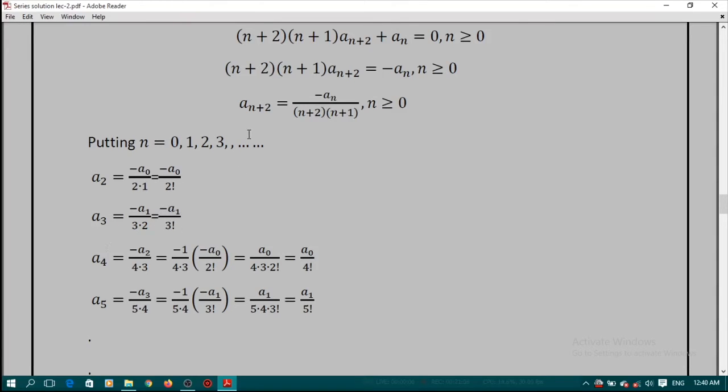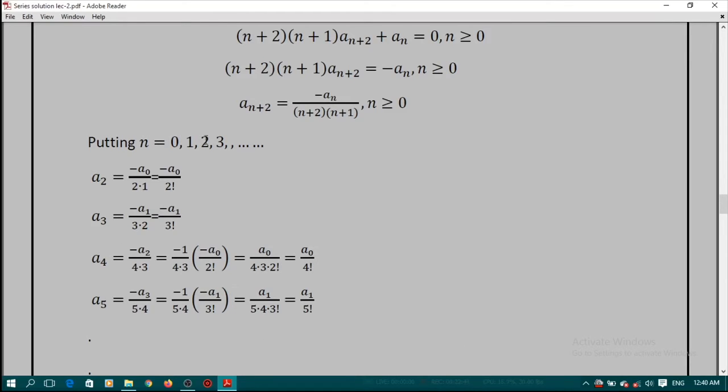Now if we put n = 2, we get a4 = −a2, and in the denominator we get 4·3. But we know a2 = −a0 by 2 factorial. So after substituting that value, we get a0 divided by 4·3·2 factorial, or you can write it as a0 divided by 4 factorial. So the value of a4 is a0 divided by 4 factorial.